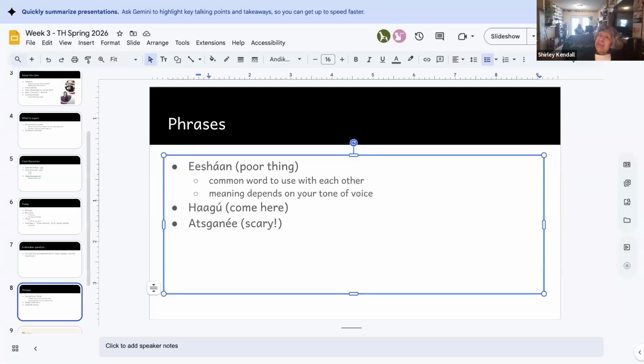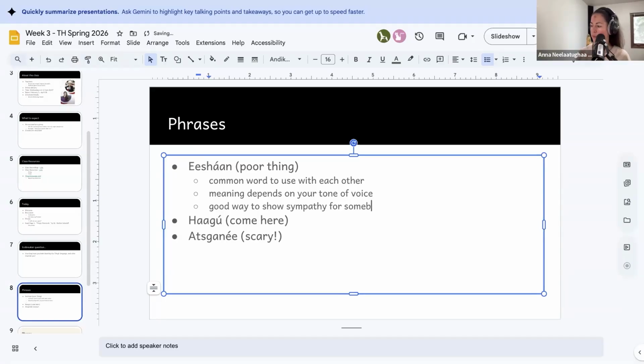So it's really a word that people know, and it's a good one for us to use to show sympathy for somebody, especially if someone's telling you somebody got real sick and they had to go to the hospital or something. So, a discussion about that.